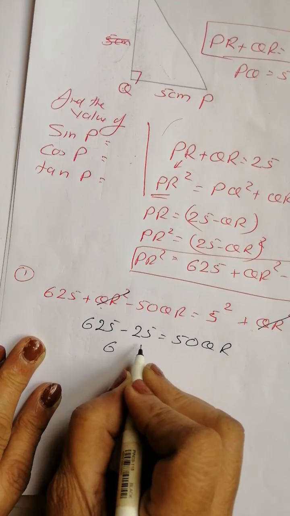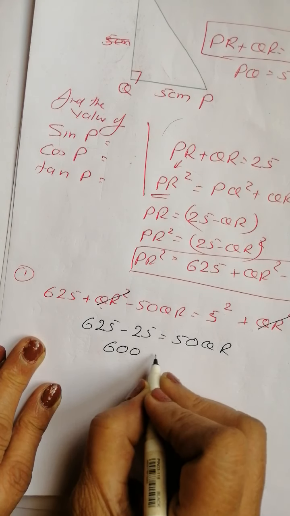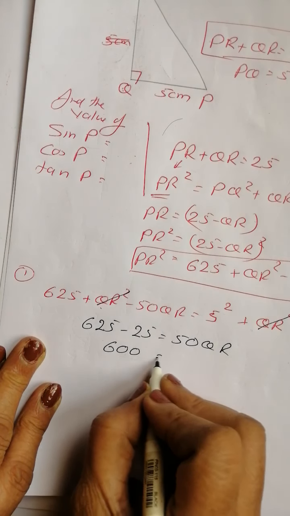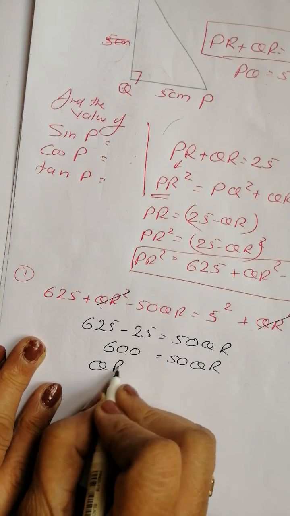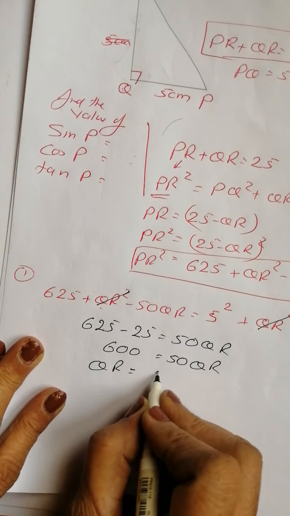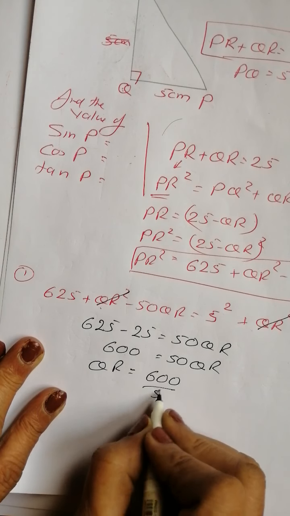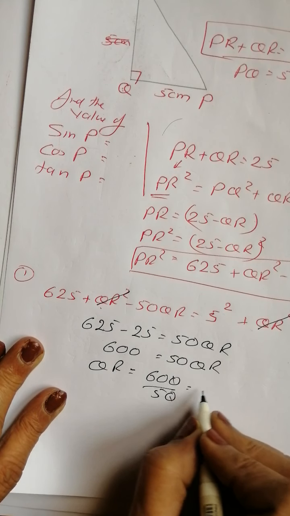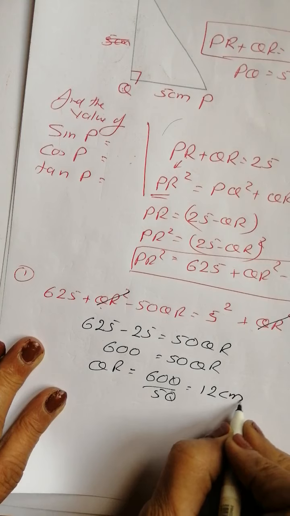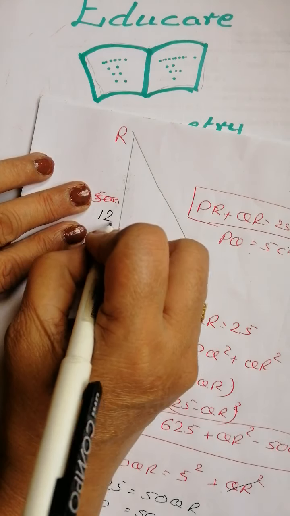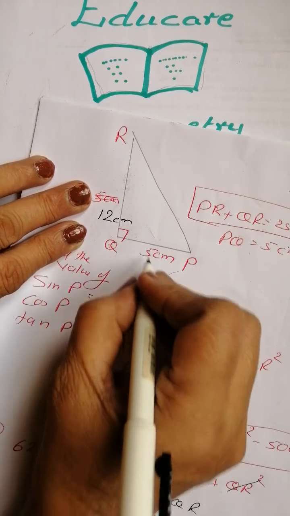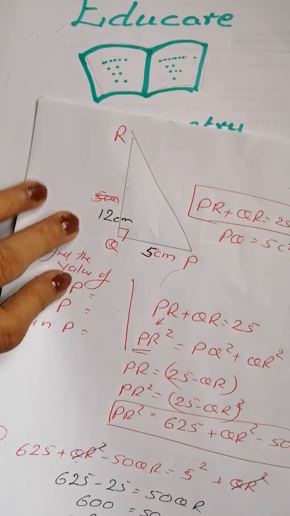So 625 minus 25 is 600, equals 50 QR. Now what is QR? QR is equal to 600 by 50. When you cut, you will get 12 centimeter. Now you got QR is equal to 12 centimeter, and PQ is 5 centimeter.